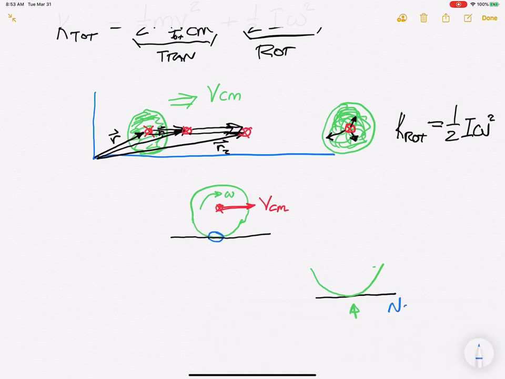So if we have no slipping, that means we're running on static friction, because at the point of contact, the wheel is going this way due to omega. So this is V tangent. And it is exactly equal to the V center of mass. That's what no slipping looks like.